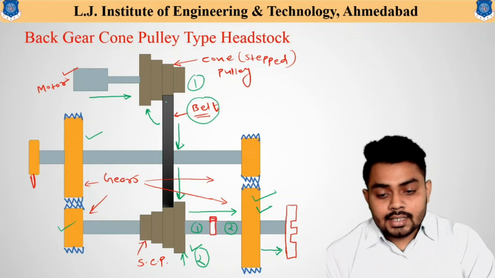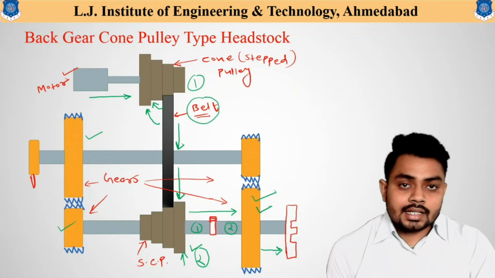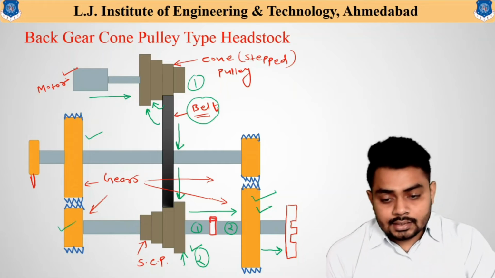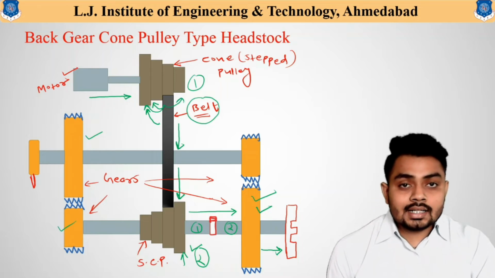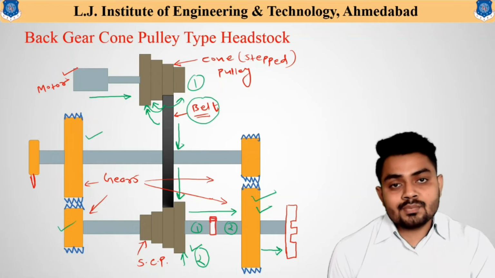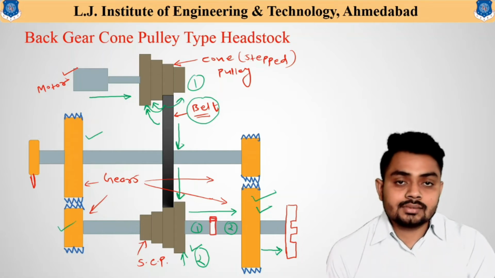Similarly, when the belt is connected to a different position, another power transmission can be obtained. Similarly, at the third position and the fourth position, based on the belt arrangement, there are different speed variations obtained using this power transmission arrangement.